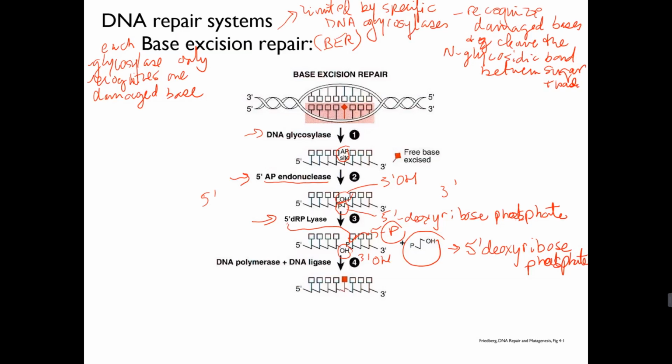We have a 3' hydroxyl, and again, remember a polymerase can use this. We've got a 1 nucleotide gap and a 5' phosphate, which we depicted over here.